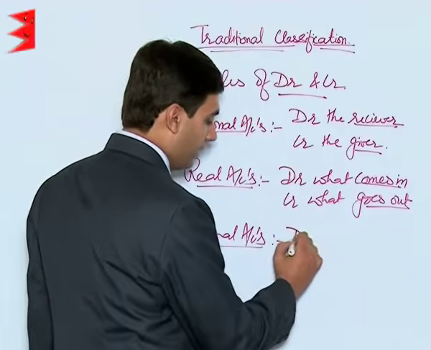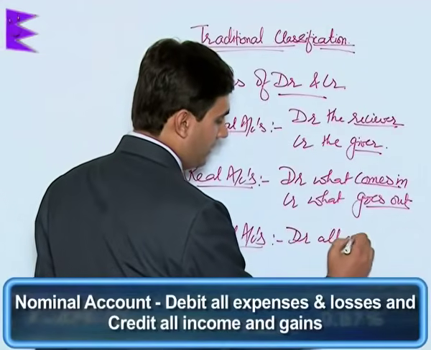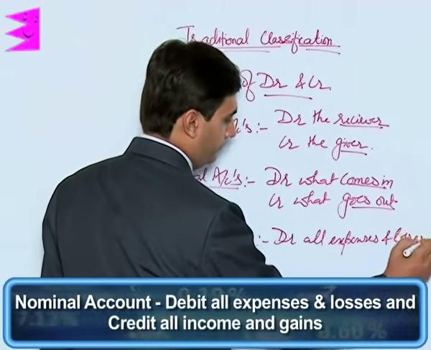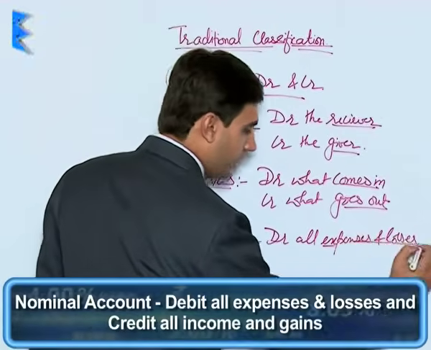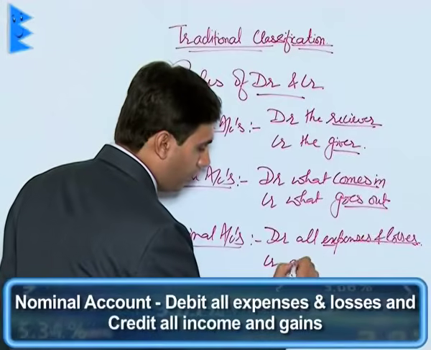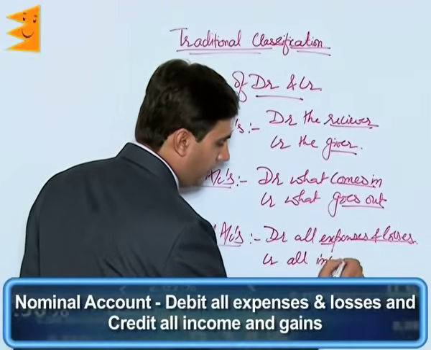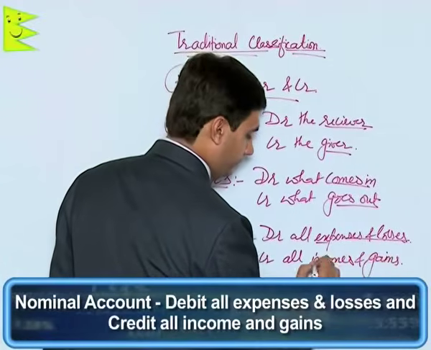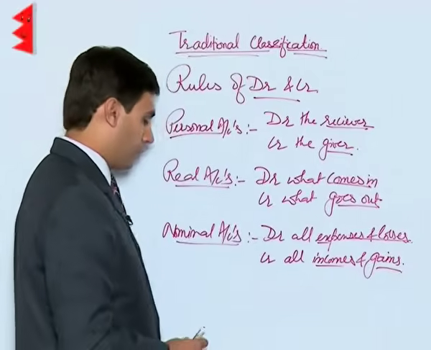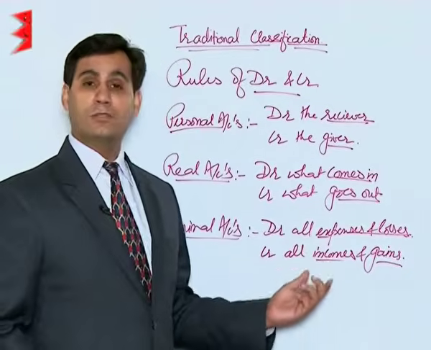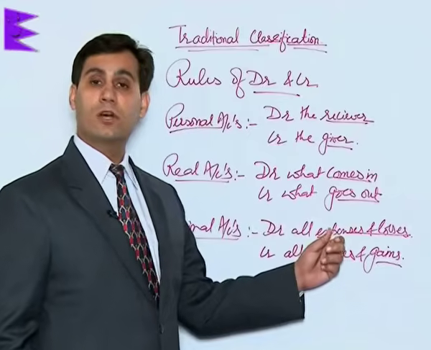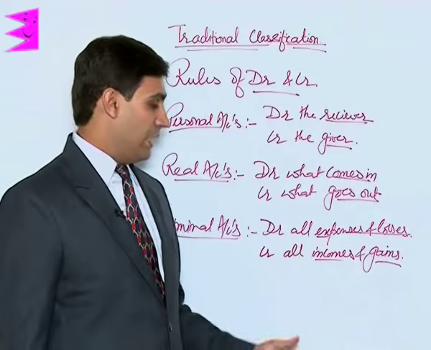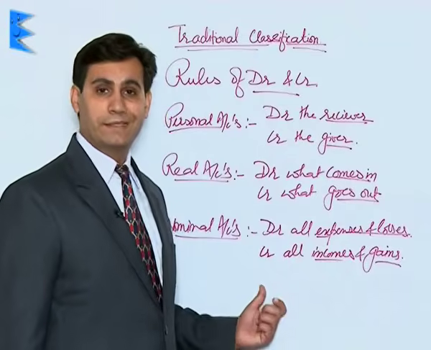So the rule is debit all expenses and losses, and credit all incomes and gains. Now students, for nominal accounts, we must look at whether an item is an expense or a loss, or it is an income. If it is an expense, it should be debited, and if it is an income, it should be credited.